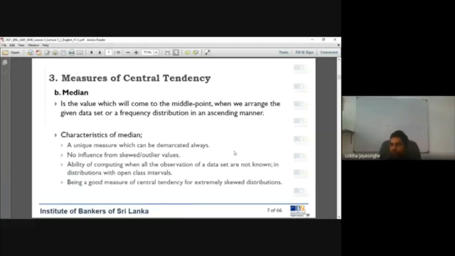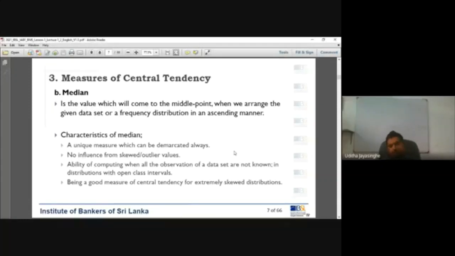The word skewness means whether we are looking at a balanced distribution or an unbalanced distribution. So, the moment we have unbalanced distributions, the middle point is very important to define certain statistical indicators.